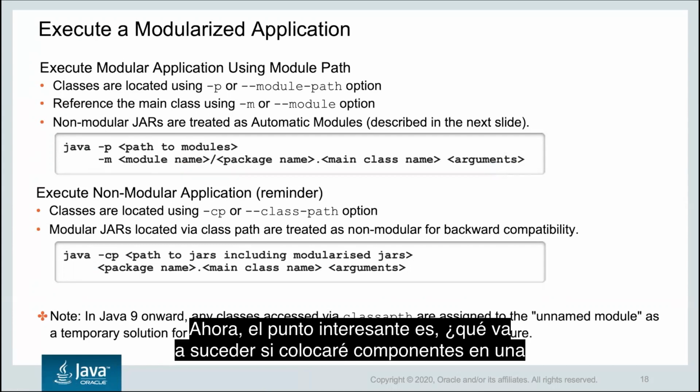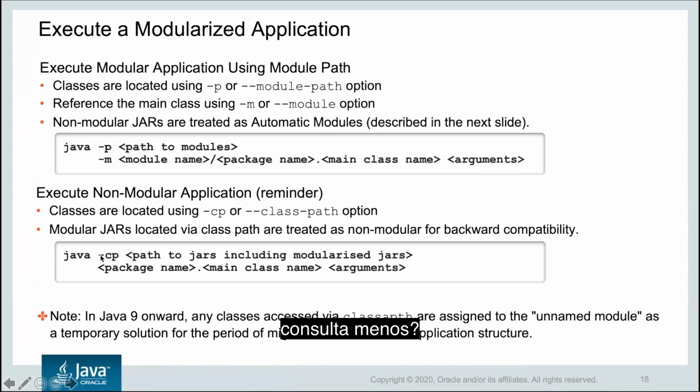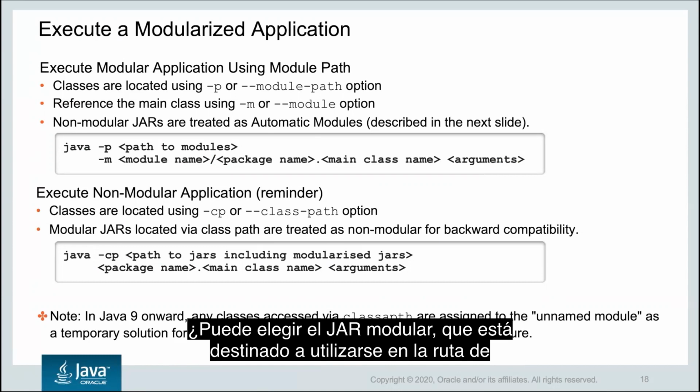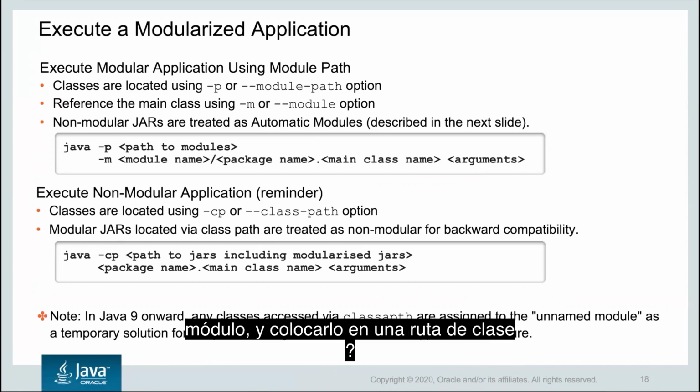Now, the interesting point is what's going to happen if I place components into -cp. -cp stands for class path. You can actually say -classpath, yeah. -cp or --class-path. So what's going to happen then? Can you take the modular jar, which is intended to be used on the module path, and place it in a class path?